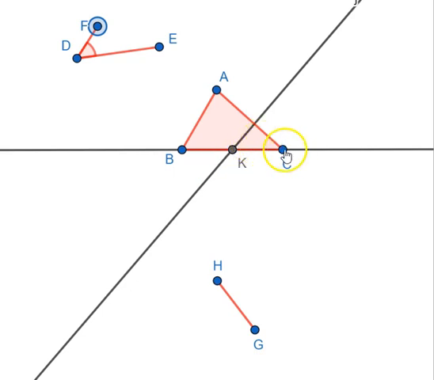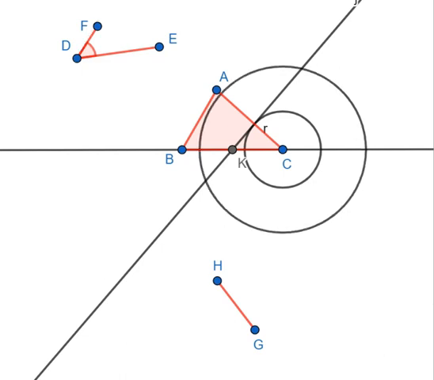Same thing we have to do at C. We have to copy this angle at C. So we draw a circle with center at C and DF as the radius. Basically, we are repeating it for point C. Circle with C as the center and DE as the radius, and the intersection of this line and this circle, and we want only one of them.